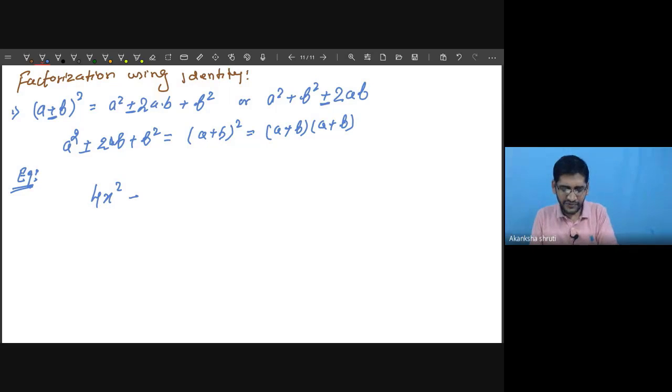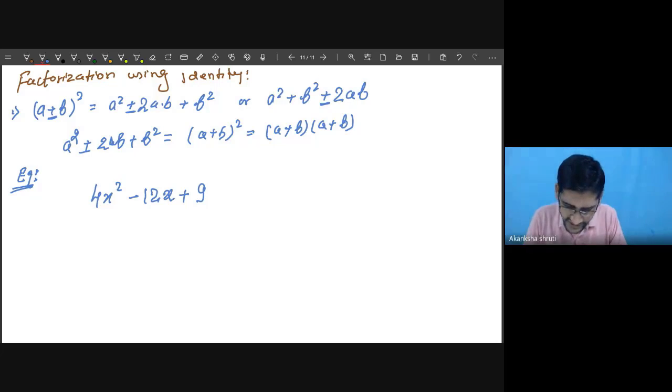Here, where it is used: if you are given, say, 4x square minus 12x plus 9, and you have to factorize this, then try to adjust it in the form of a whole square. Though by the first into third method we can do it and get the result, here we can apply the identity.